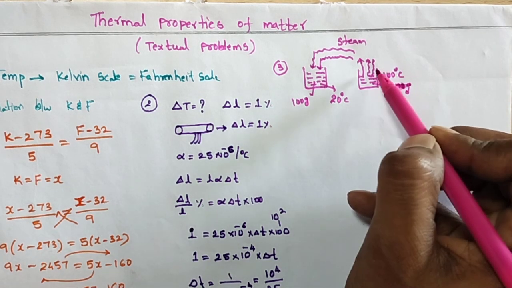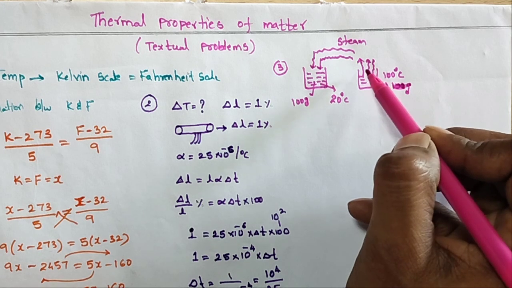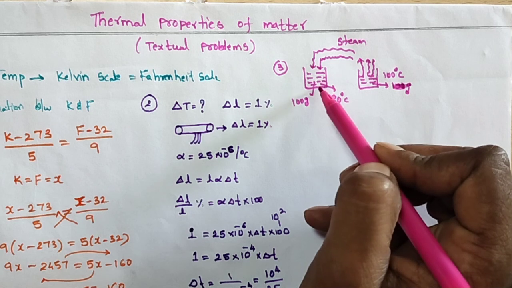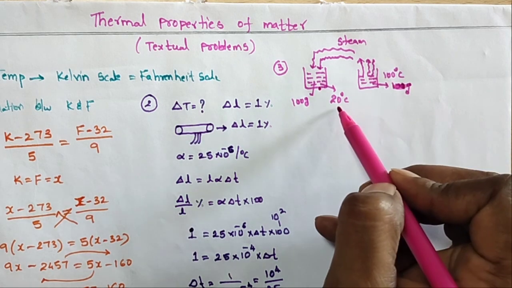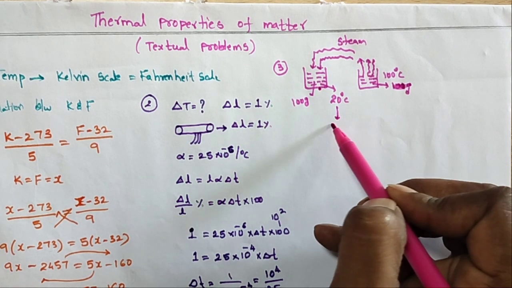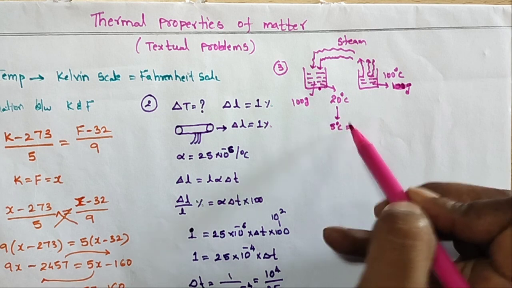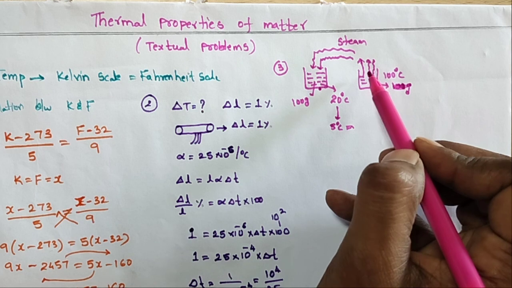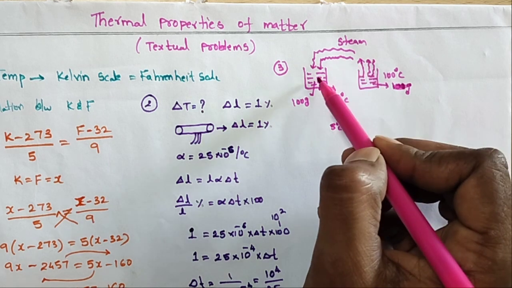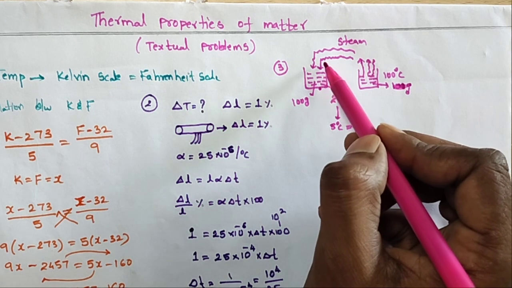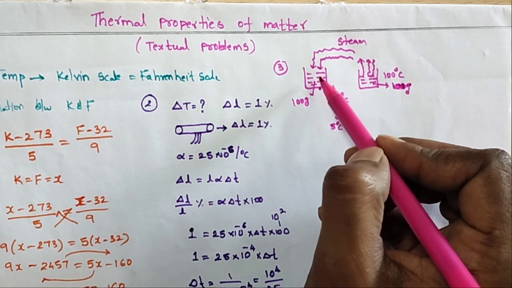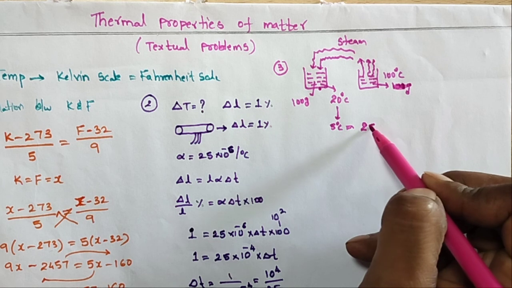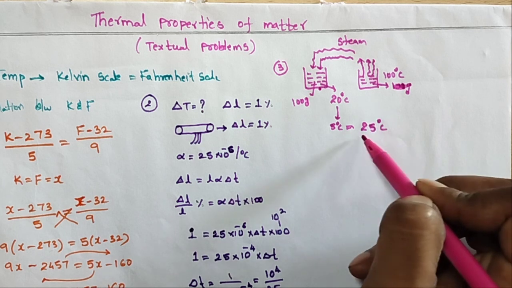At 100 degrees Celsius, steam is produced. This steam passes into the other beaker, and its temperature increases by 5 degrees, so the resultant temperature is 25 degrees Celsius.